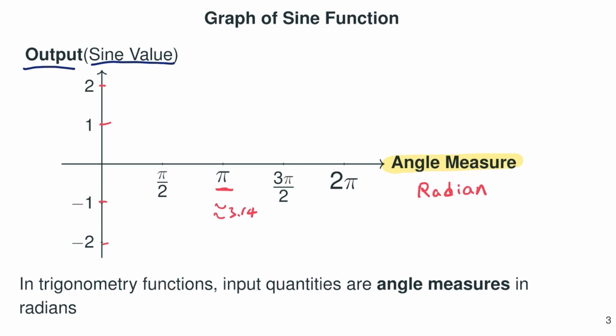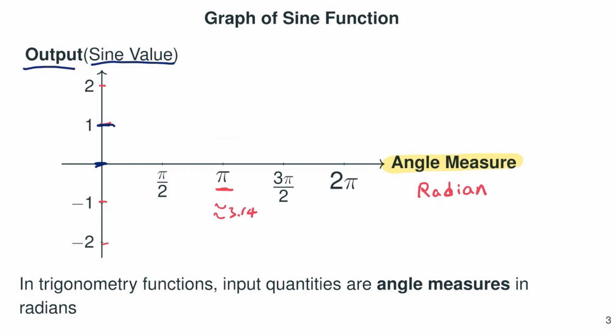But imagine if we use degrees. Pi is equivalent to 180 degrees. It just doesn't match up. This one unit is 1, but here to here is 180 degrees. 1 degree is somewhere here. So if you were to have the same scale between degrees and the y-axis, the sine value, the output value, it doesn't quite make sense in terms of having the same unit.